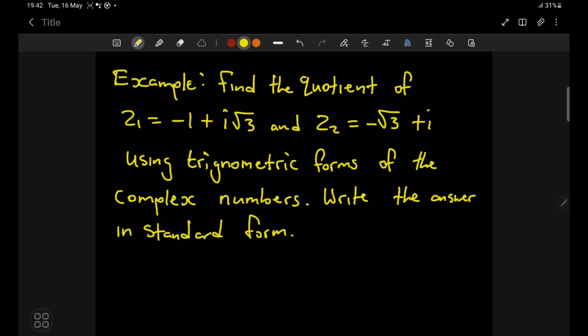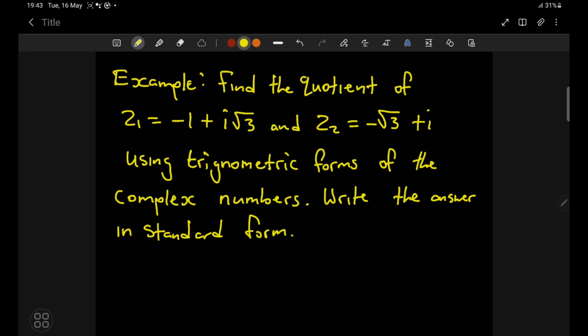So we have this question. Find the quotient of the two complex numbers.